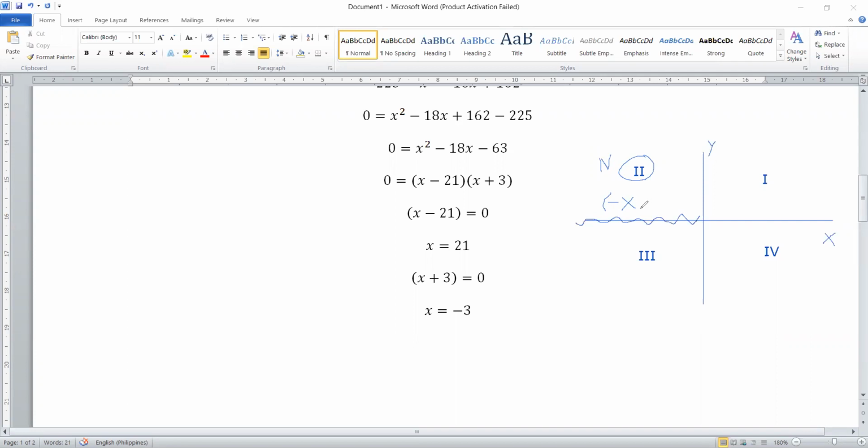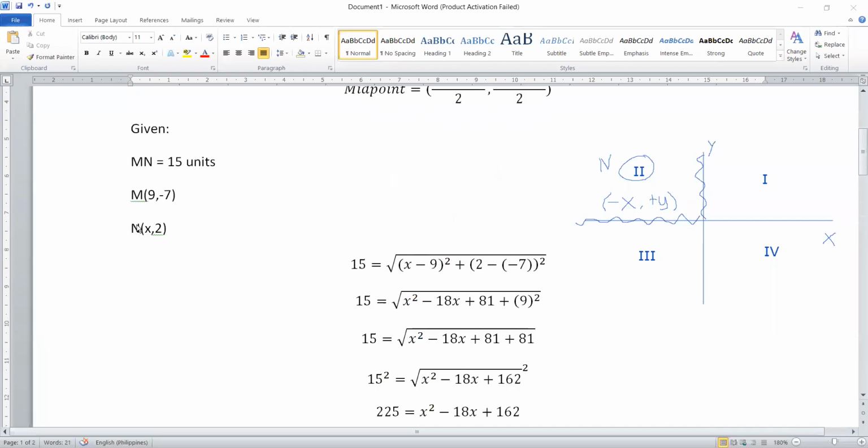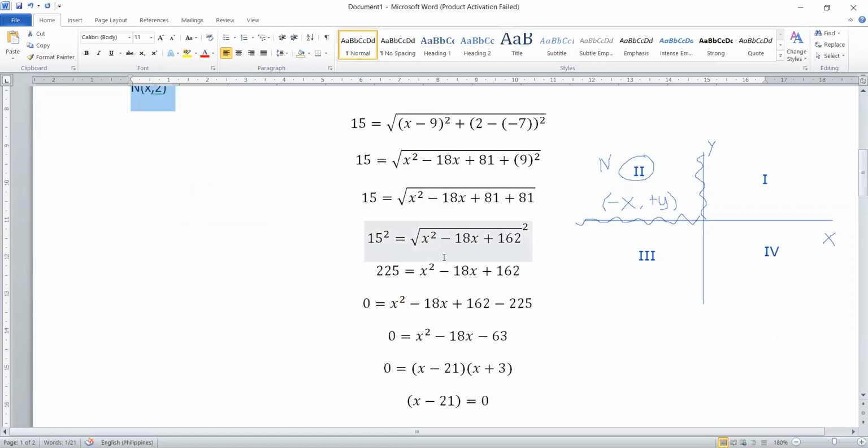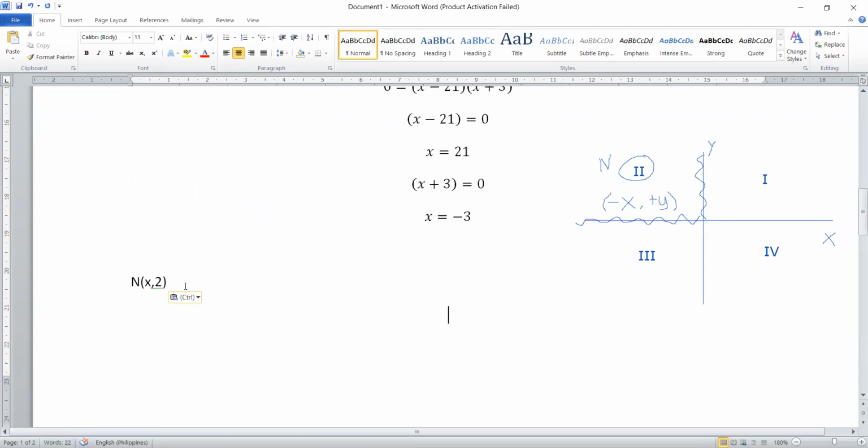And the values of y should be positive. So positive y. But y is already given. So you have there 2, and that's correct. Y is positive. So choose the negative value for x. So that's negative 3.